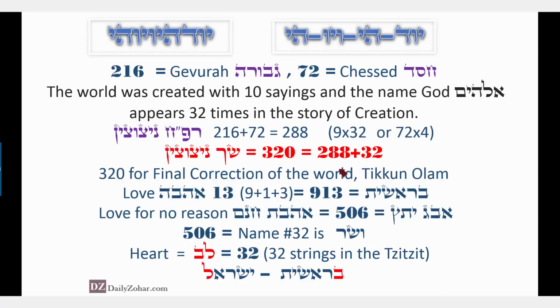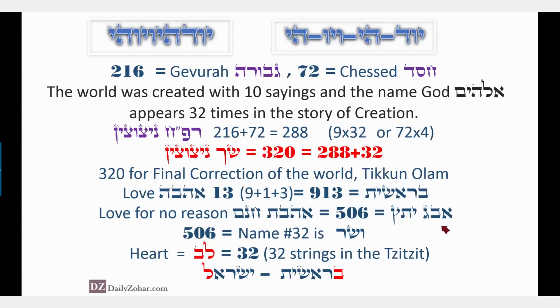And the Zohar tells us that 17 names come from the source of Ahavat Chesed, loving kindness. And this love comes from Bereshit, whose small gematria is Ahava, and the 13 also appears here.